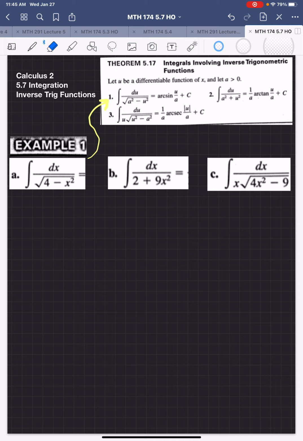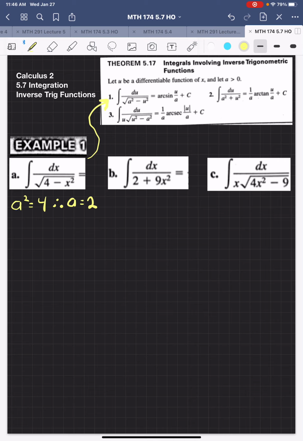Well, that's fairly straightforward, right? So where we have an A squared here, we have a 4 here. So if A squared equals 4, therefore A must equal what? Must equal 2. All right, that makes perfect sense.